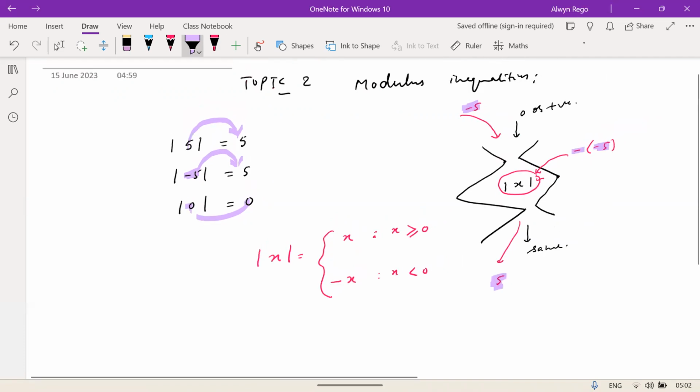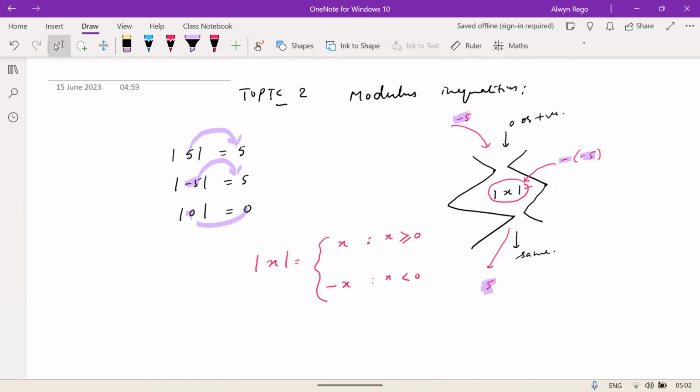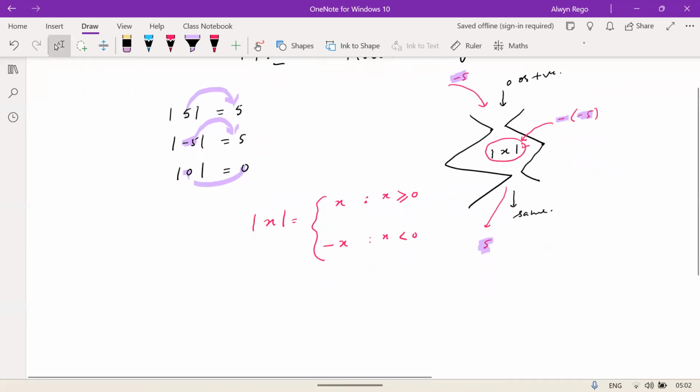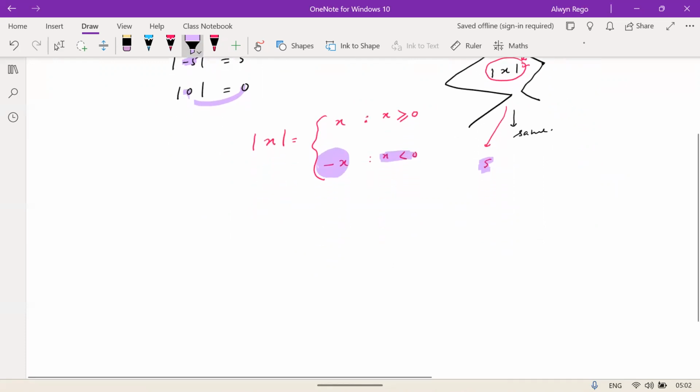It's been programmed to act like that. If the number is 0 or positive, the number will come out as it is. If the number is negative, it attaches a negative sign to make it positive. So if you look at this negative x here, it is not actually a negative number, because the number had been negative. So it attaches the negative sign, so it gives you positive. So that's what the modulus function does.